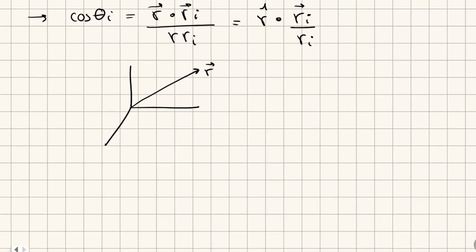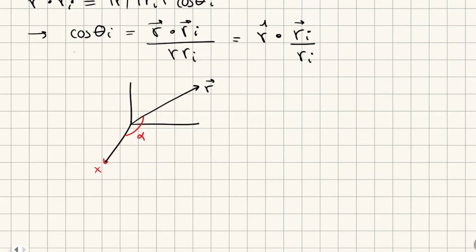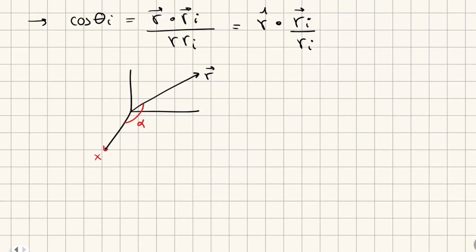We are interested in finding the angles between this vector and the axes, for example the x-axis. We are going to get an angle alpha for this vector with the axis. We know that the angle between two vectors can be found with the dot product rule.